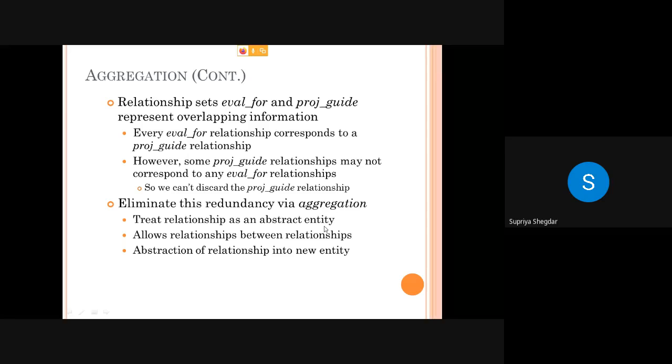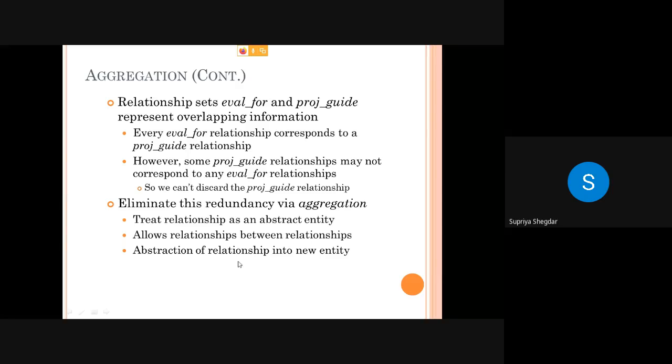It considers one relationship set as an entity and allows relationships between relationships. So simply, aggregation is the relationship between relationships. We can represent a relationship between two relationship sets with the help of aggregation.